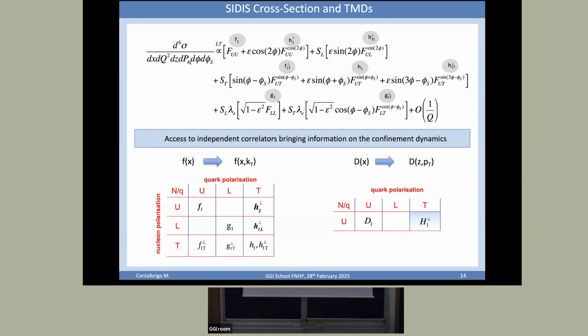There is a correlator that takes into account the polarization of the quark and the polarization of the hadron that we measure. We can only measure the hadron, but the quark inside it can have its own polarization. And the two are independent in principle, okay? So the moment we move from the simple Bjorken x to the transverse momentum information, we get access to these correlators that provide information on the dynamics.